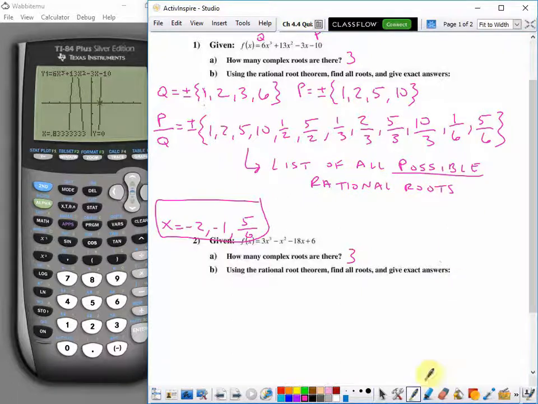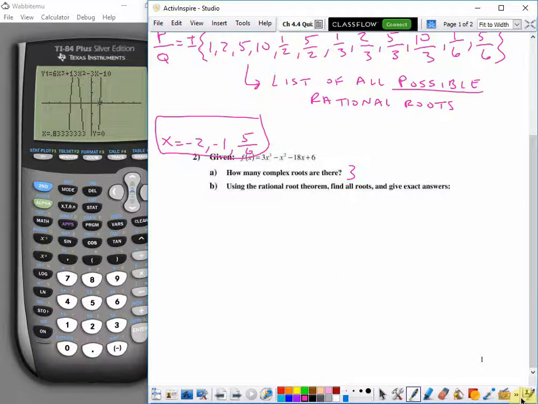I'm stressing possible because they can't all be roots. There are 24 of them when you include the positive and negative version of all of these numbers. There can only possibly be 3 correct ones. So these are all the possibilities we had to choose from, and we found the 3 that are correct.